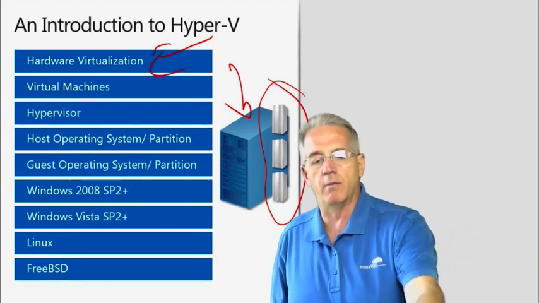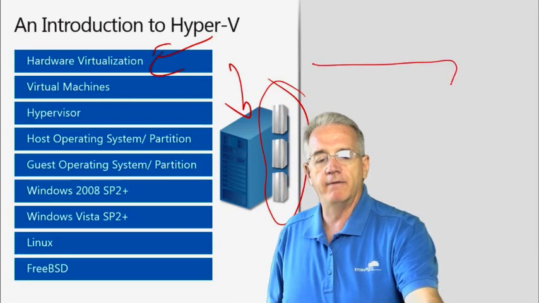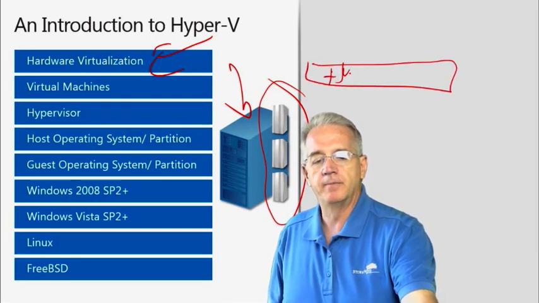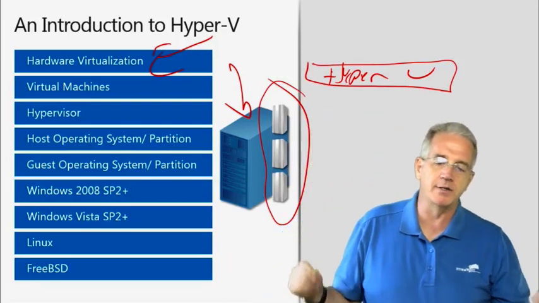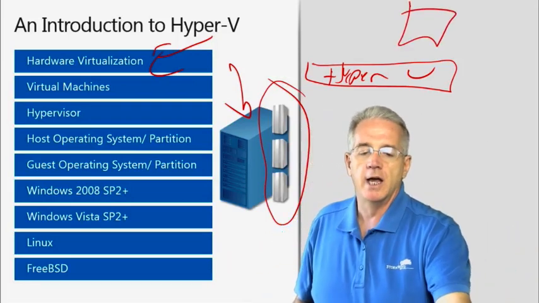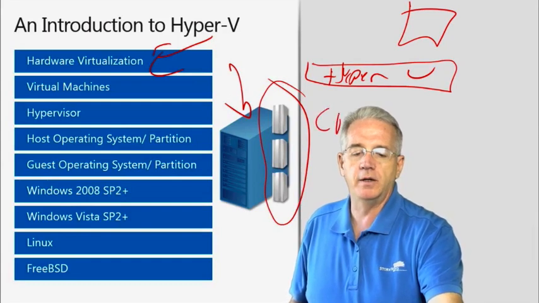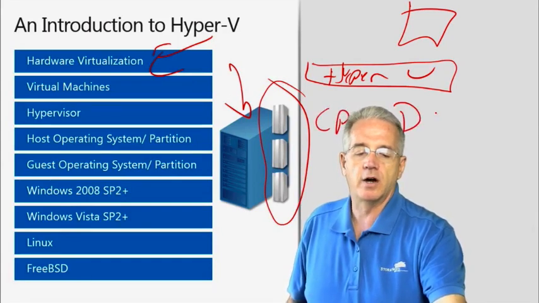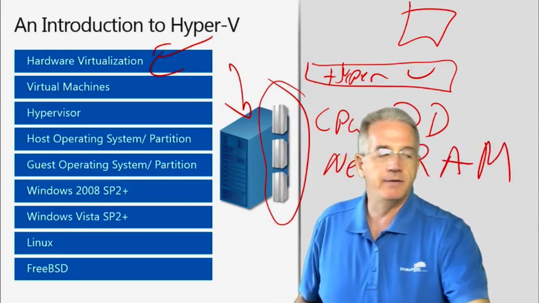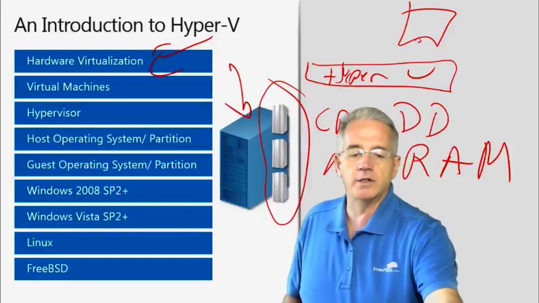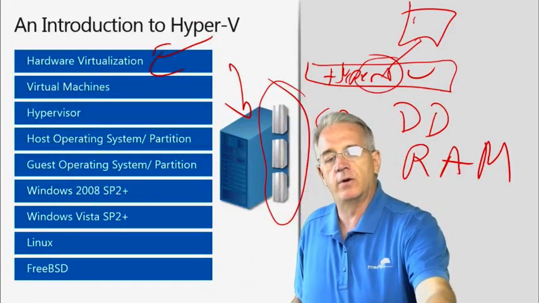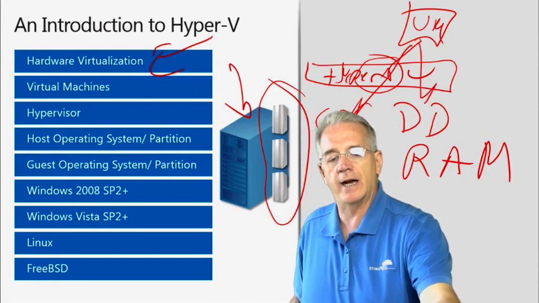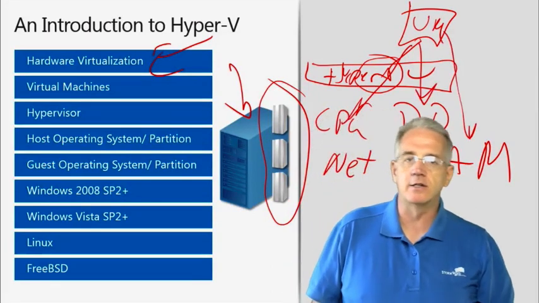So if we look at the hardware model, we have a very small area called the hypervisor. So this is a hypervisor, and that's where Hyper-V comes from. And if I'm running virtual machines, they want to talk to the CPU and the disk drives and the network and the RAM. And instead of emulating all this stuff, we will just go through this little hypervisor that just has a little slice of software so that these virtual machines will be able to communicate directly to these particular devices through these hypervisors.